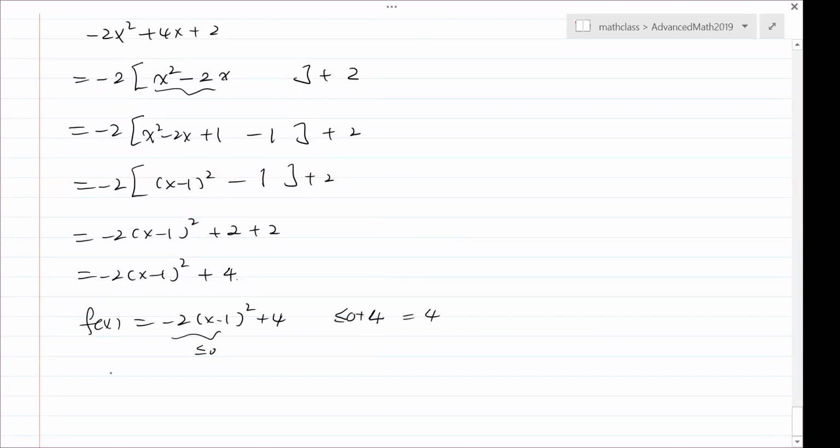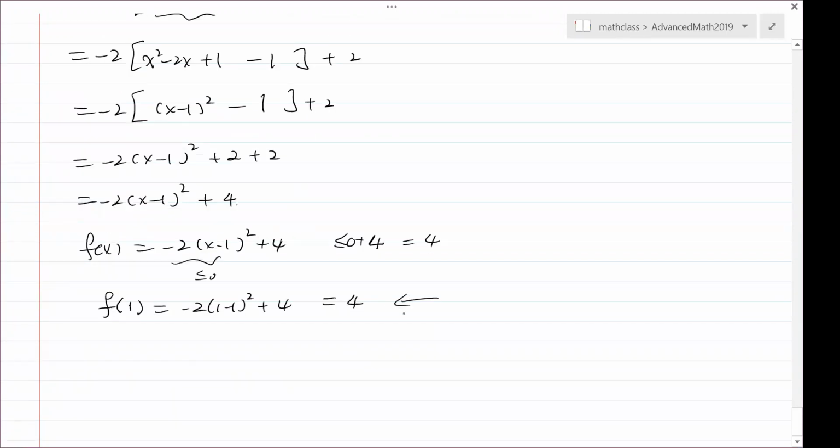And you also see that when x equals 1, you get negative 2 times (1 minus 1) squared plus 4, it's 4. So 4 is the maximum value of f of x. There's no value larger than that f can reach. So no matter what value x takes, f of x is always less than or equal to 4.